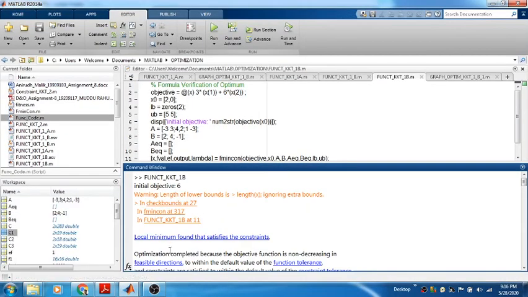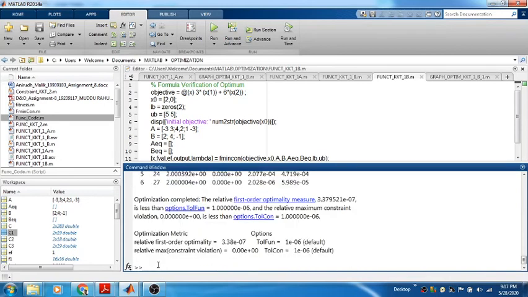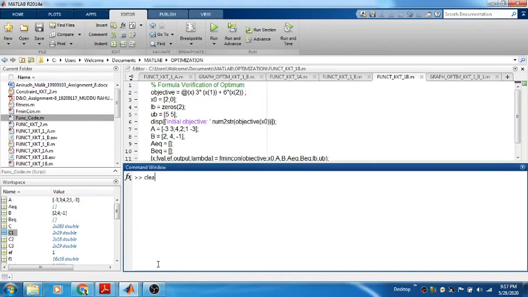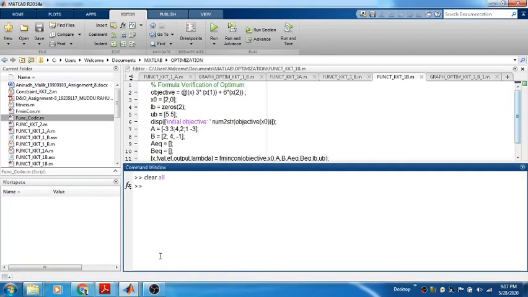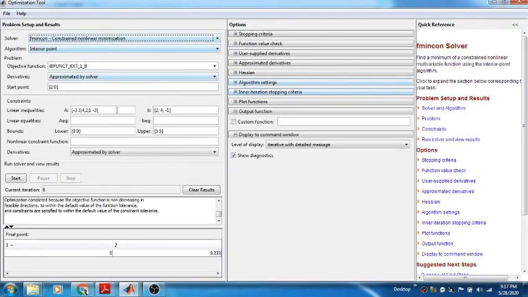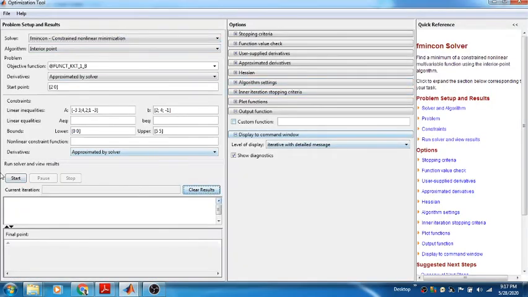Now again I can put clear all here, so that all the history will go away, right? So let's run the same problem once again, clearing everything. Now start.